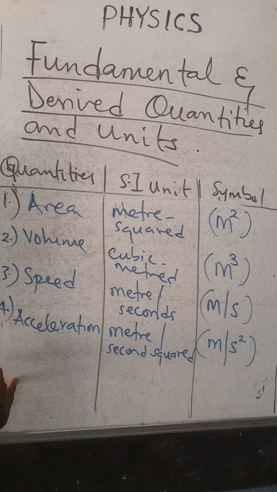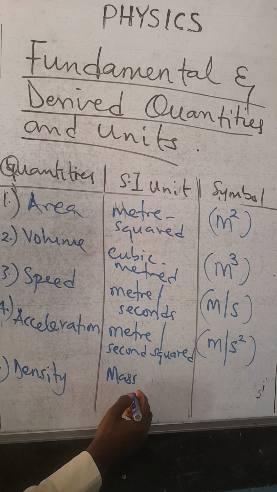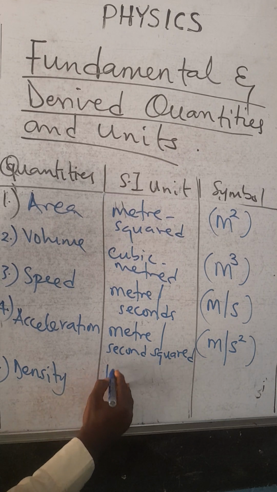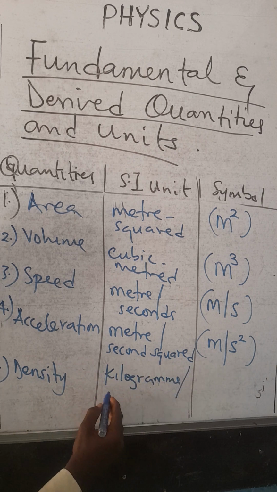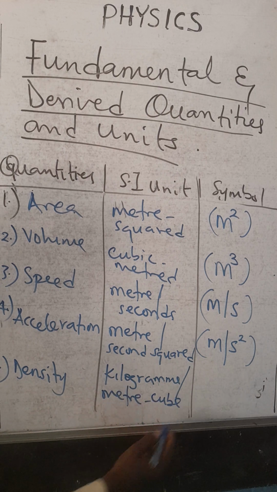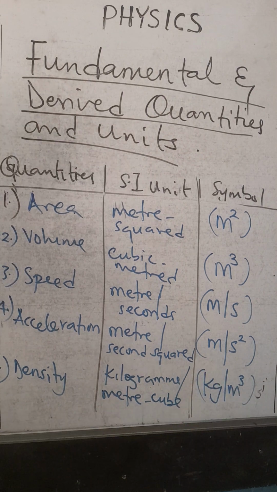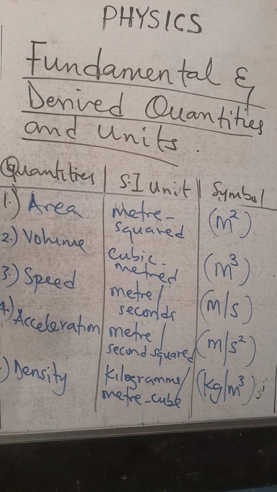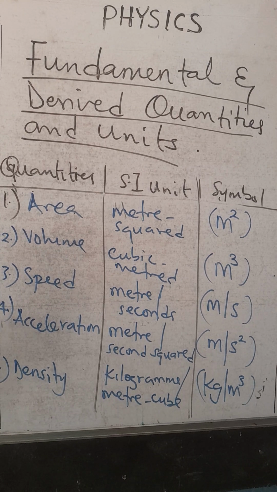For density, we have mass, so we have kilogram per cubic meter. That is the derived quantities and their units with examples.